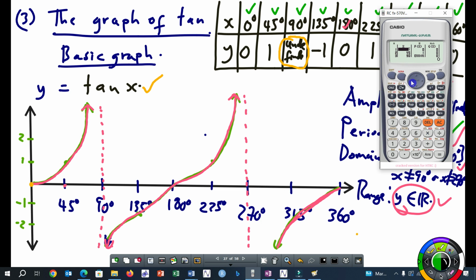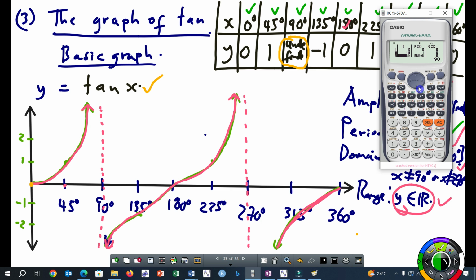Now I want you to look carefully at 90. At 90 it says what? Error. That error means there is no y value when x is 90. So when we sketch the graph, we are going to have what's called an asymptote, which is a straight line which is approached by the graph, but never touched by the graph.